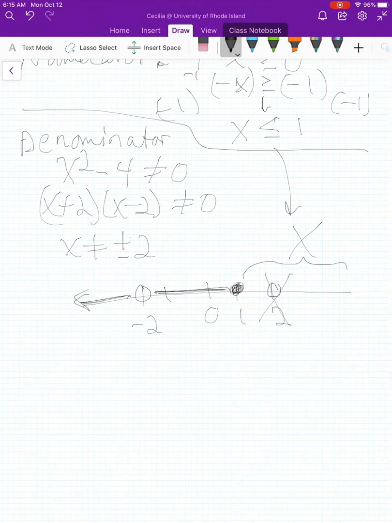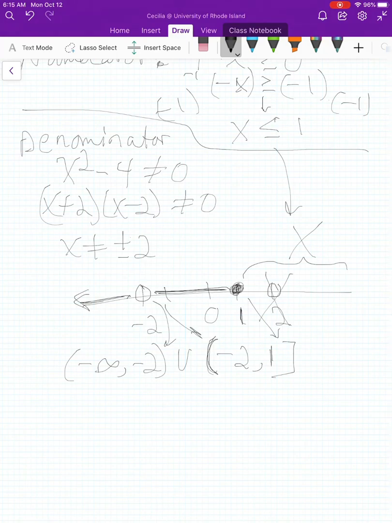So let's start out with interval notation, reading from left to right. This goes from negative infinity to negative 2, open parentheses, because that's an open circle, union, also rounded parentheses, because we're picking up on the other side of negative 2, going the other way, reading from left to right, we're going all the way to 1. But 1 is included, so this is a square bracket.